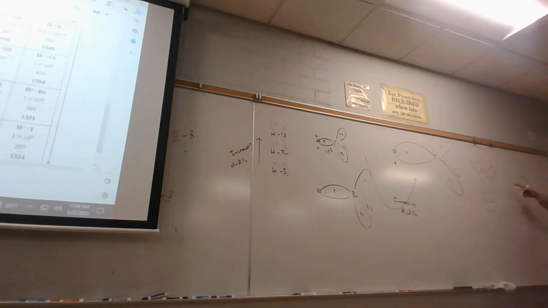But when it comes to interacting with water, which one's going to have a stronger interaction with water and which one's going to have a weaker interaction? Just look at the charge. Well, when we look at the charge, we have to look at Coulomb's law.